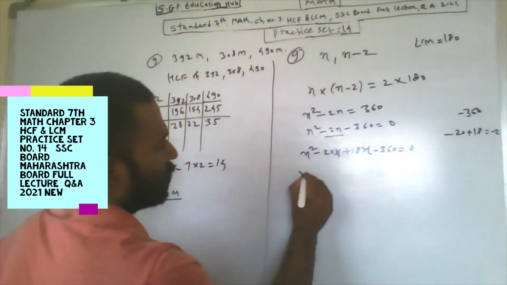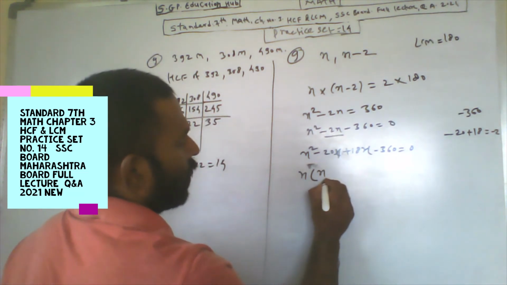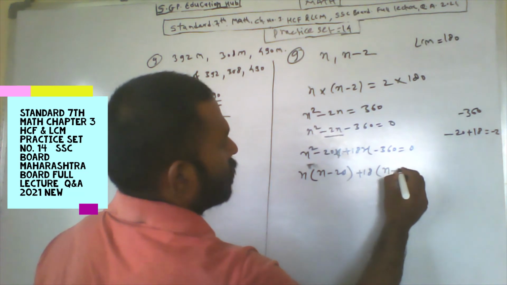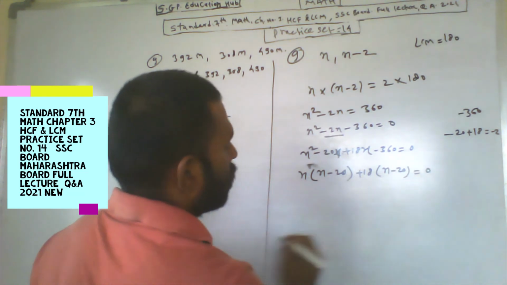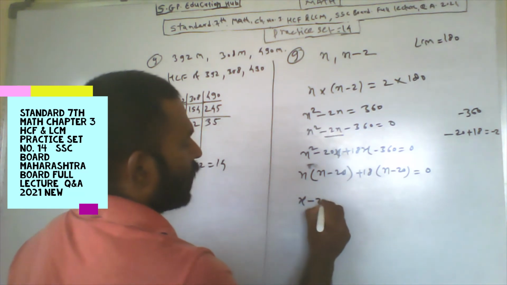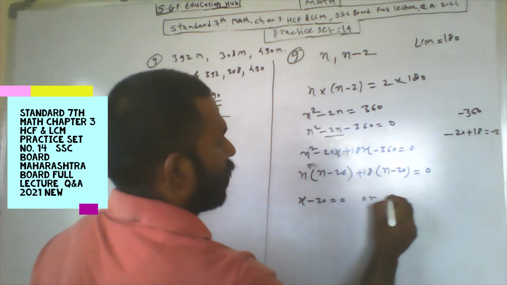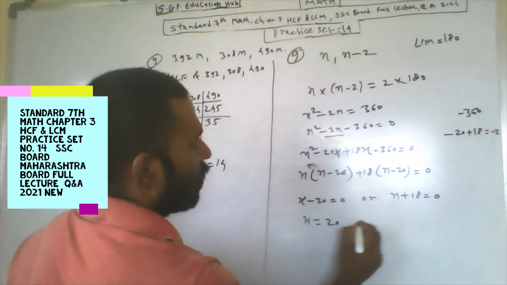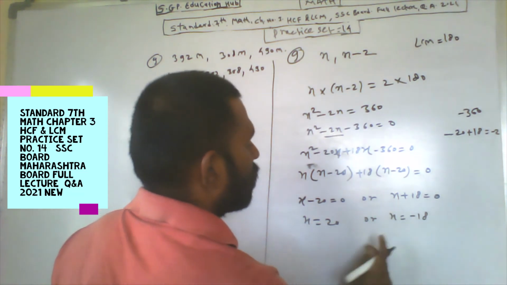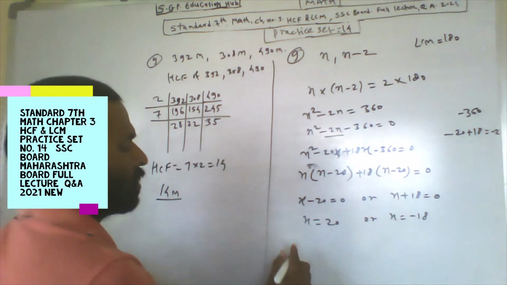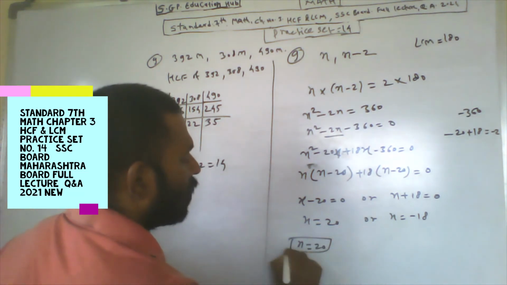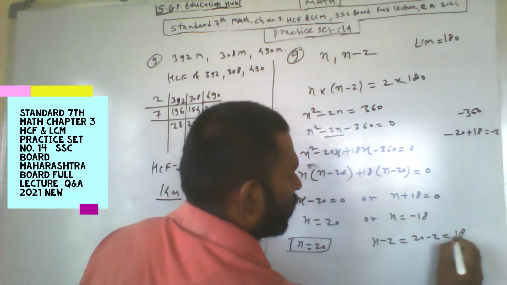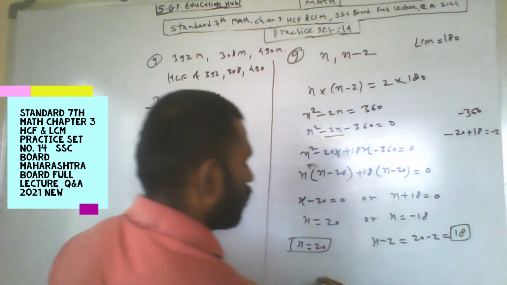Then x into x minus 20 plus 18 into x minus 20 is equal to 0, means x minus 20 equal to 0 or x plus 18 equal to 0. x is equal to 20 or x is equal to minus 18. Minus 18 is not the answer, so x is 20. The other one is x minus 2, means 20 minus 2, which is 18.